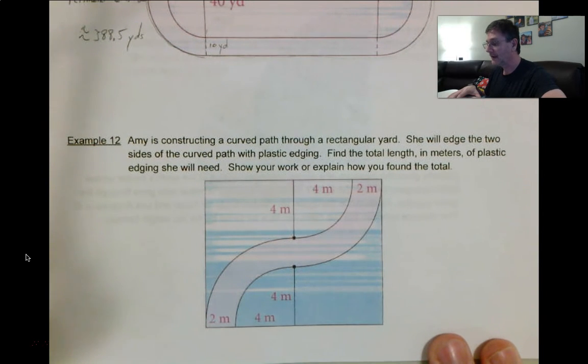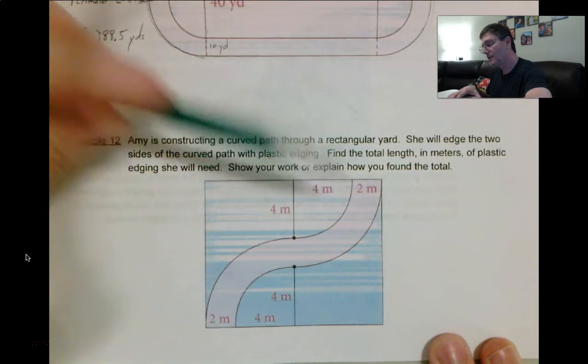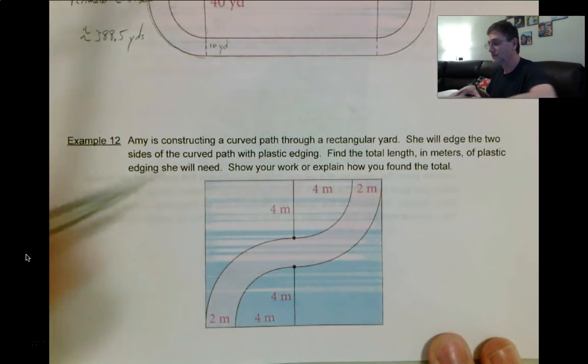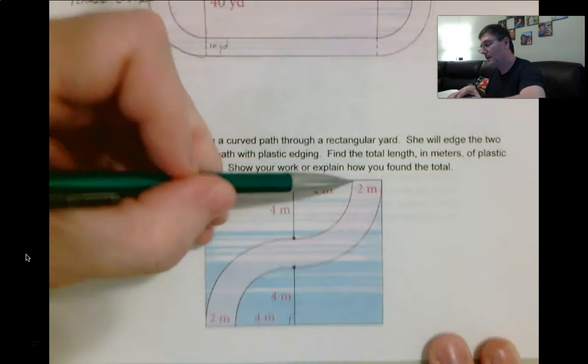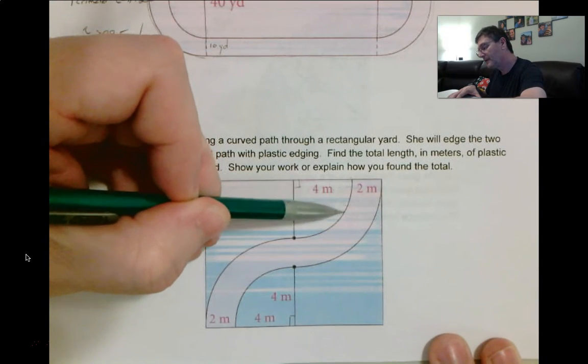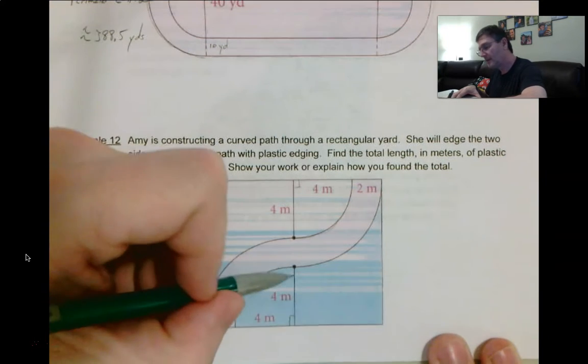Find the total length in meters of the plastic edging that she's going to need, and explain how to find the total. So we're going to make some assumptions here. Right angle. Right angle. Okay. This is a quarter of a circle.